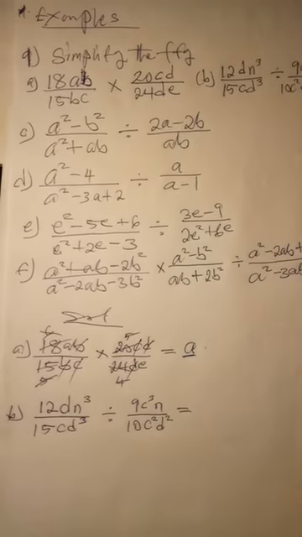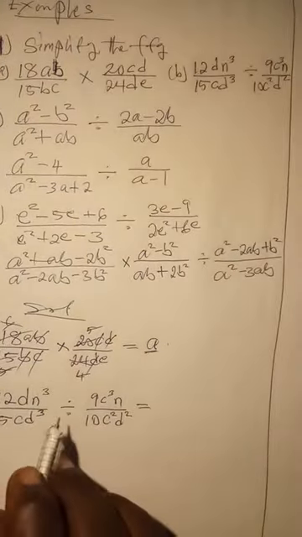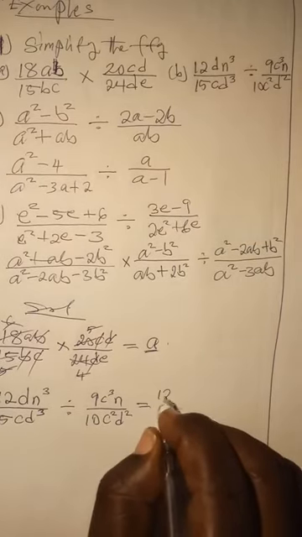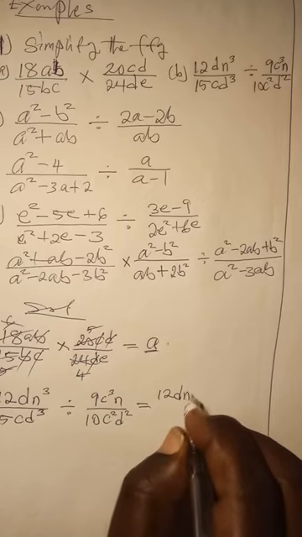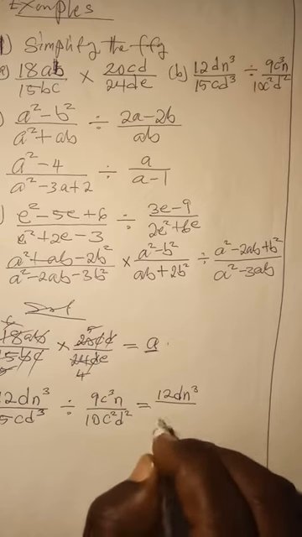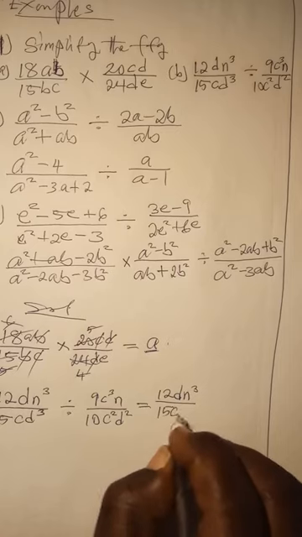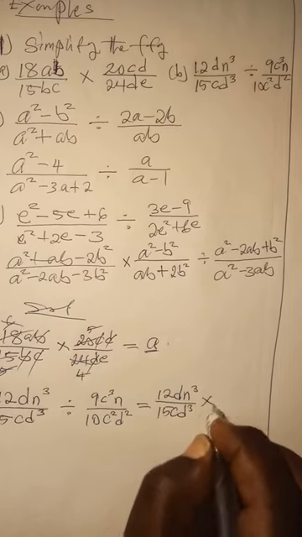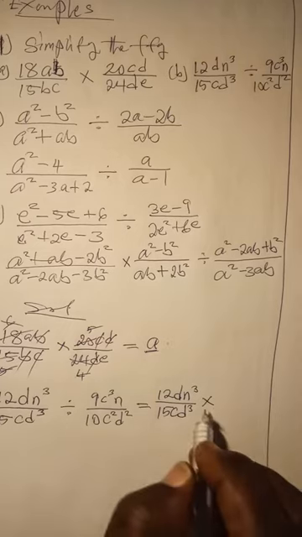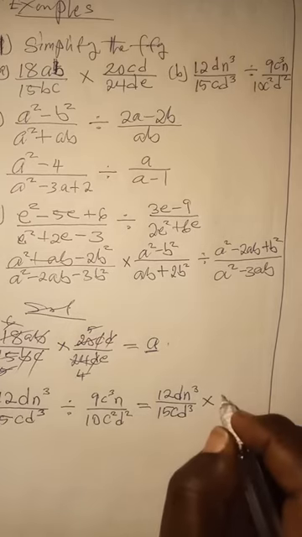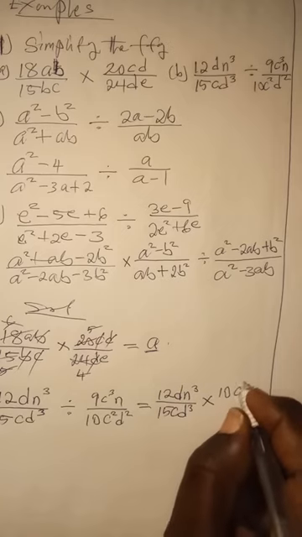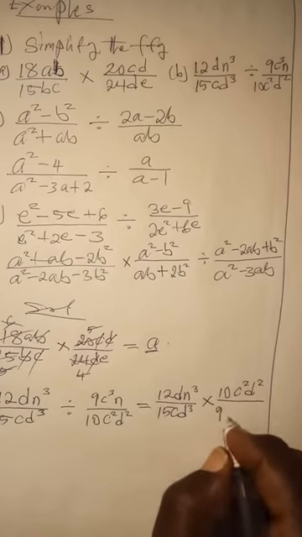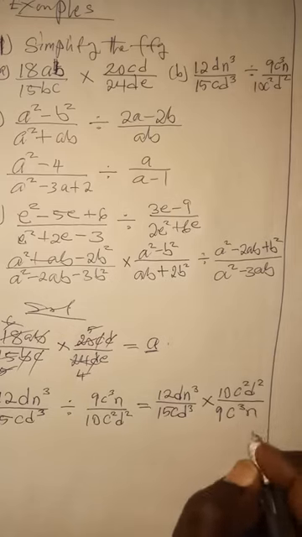So this would be equal to, because this is division, I will first of all change it to multiplication to give me 12dn cubed over 15cd cubed times, when you change this to multiplication, you invert this to give you 10c squared d squared over 9c cubed n, like this.